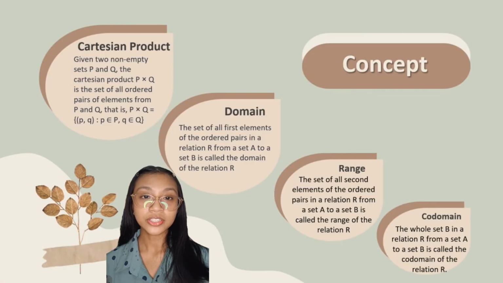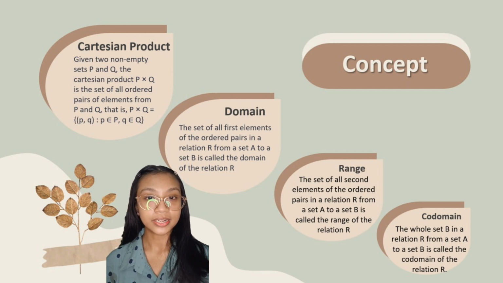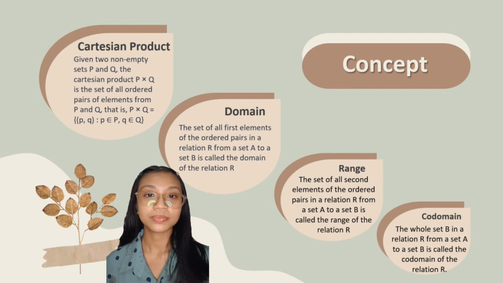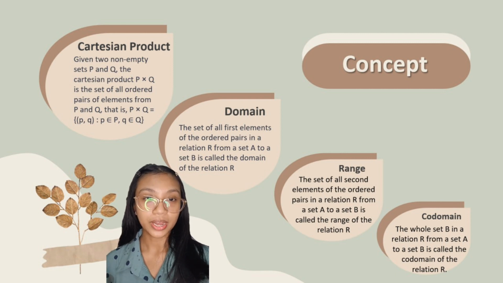Now that we have understood the meaning of relation and function, let us understand the meanings of a few terms related to relation and function that will help to understand the concept in a better way. First, Cartesian product.